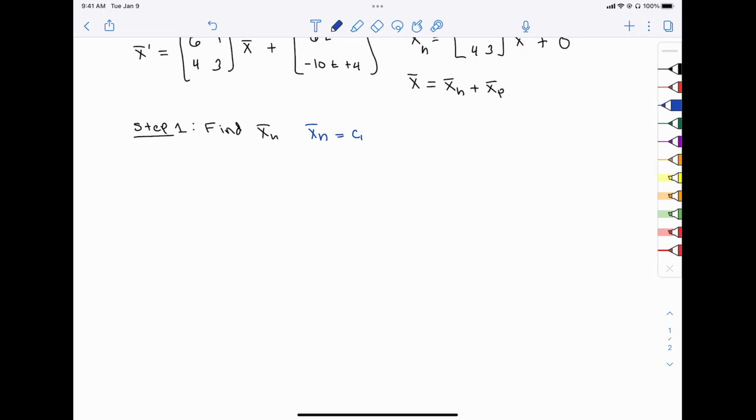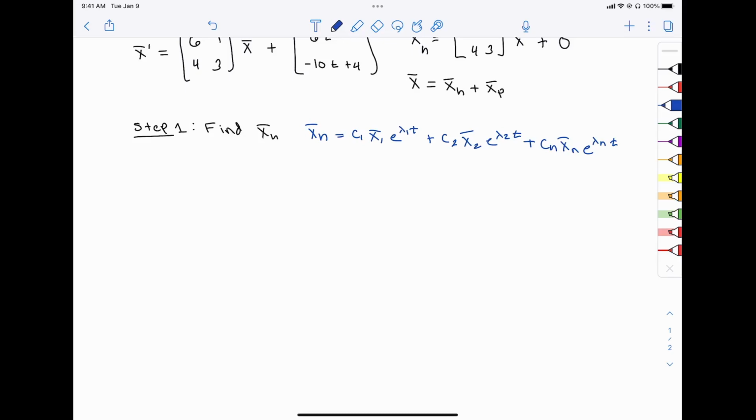As a matter of fact, I'll just write out the equation as such. C1 times x sub 1, which is our eigenvector corresponding to our first eigenvalue, e to the lambda 1 t, plus C sub 2, x sub 2, e to the lambda 2 t, plus C sub n, x sub n, e to the lambda n t.